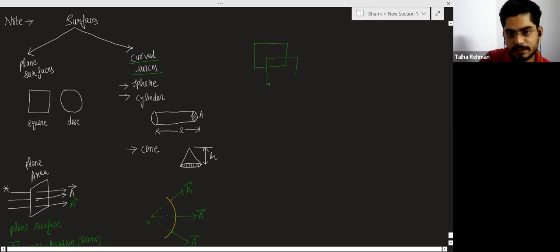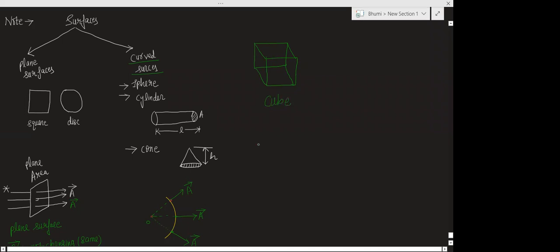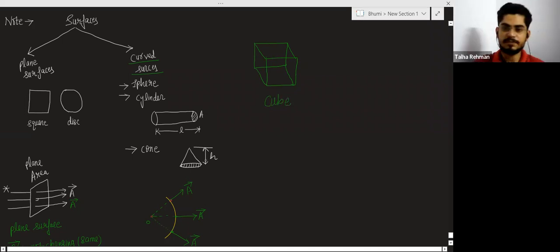Cube is like this. So this is three dimensional. You are right. But see here, this is a plane surface. All the surfaces of a cube are plane. So a cube is a plane surface, but it is three dimensional.